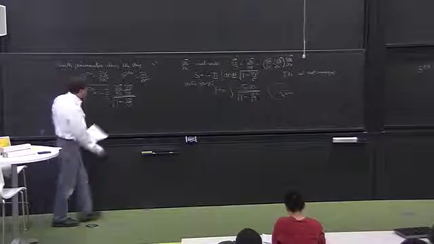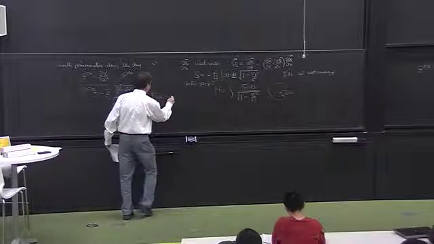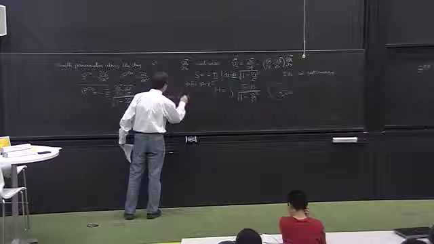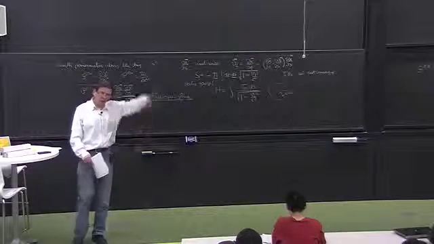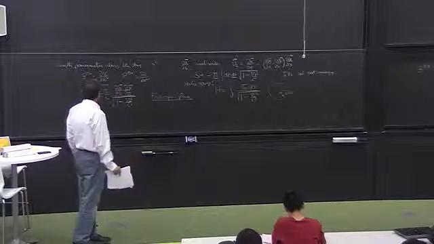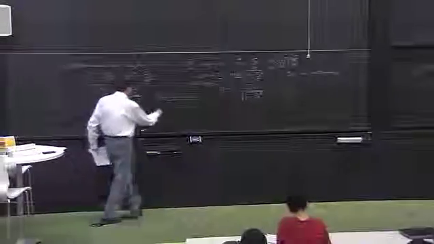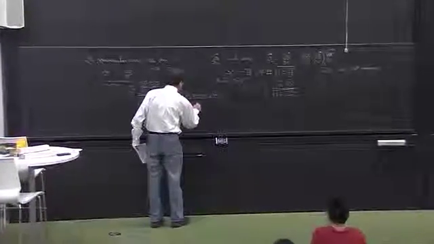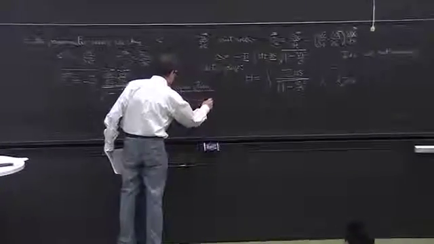So if you have a free open string, so you have a totally free open string. All endpoints are free. To begin with, you must have that P sigma 0 at any time at the endpoints must be 0.